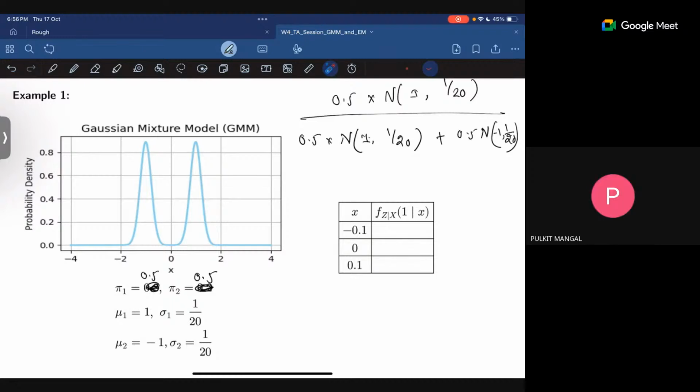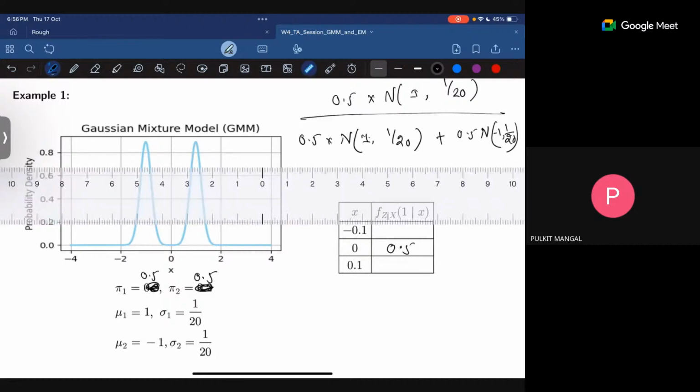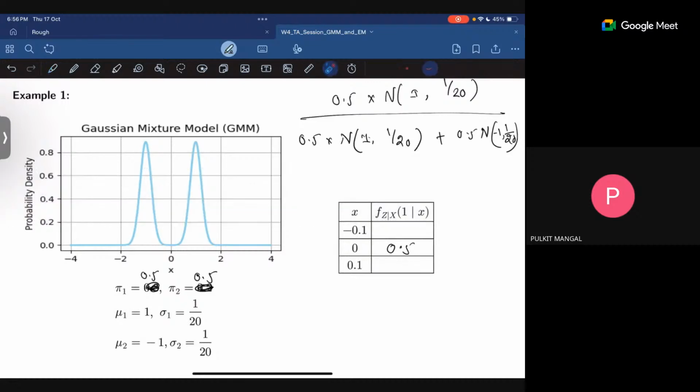Yeah, correct, it would be just 0.5. Now, what relation can you tell about these two: the negative 0.1 coming from the first cluster and 0.1 coming from the first cluster? They are both the same, I guess 0.25.